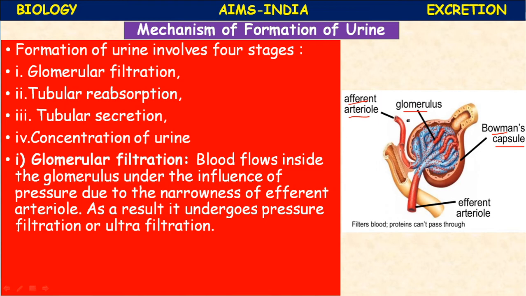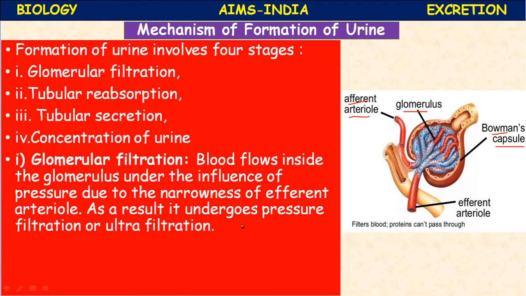Okay, observe the figure. And glomerular filtration in the nephron takes place here. The glomerular filtration takes place in this glomerulus. What is glomerulus? It is the network of capillaries formed by efferent arteriole. Okay. The blood flows inside the glomerulus under the influence of pressure due to the narrowness of efferent arteriole.